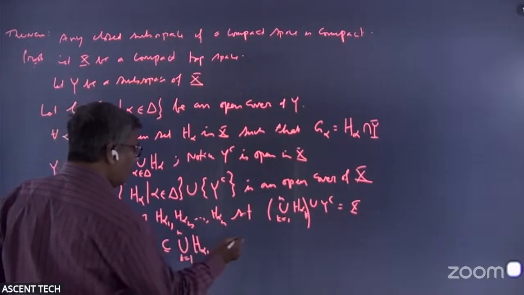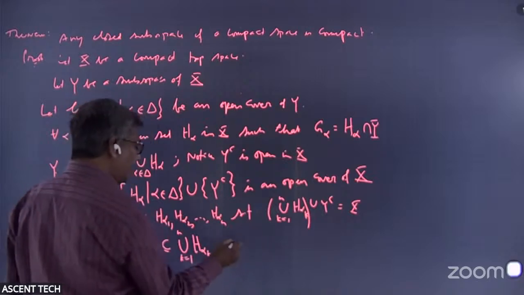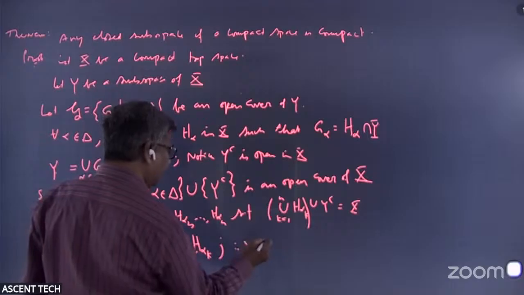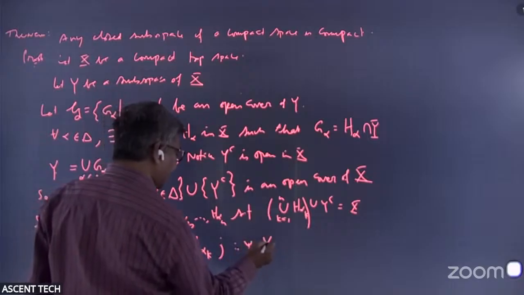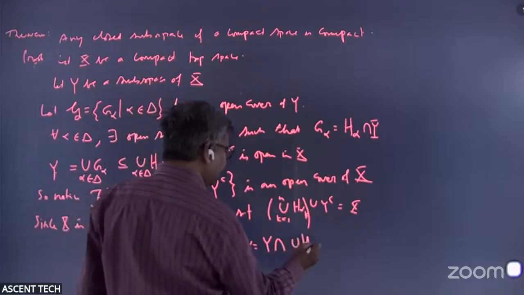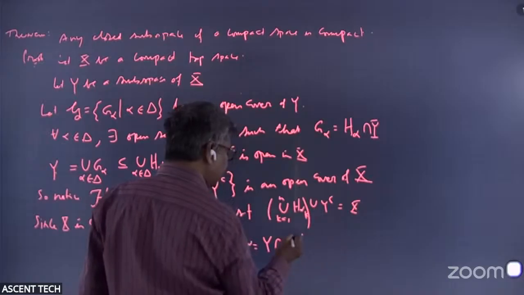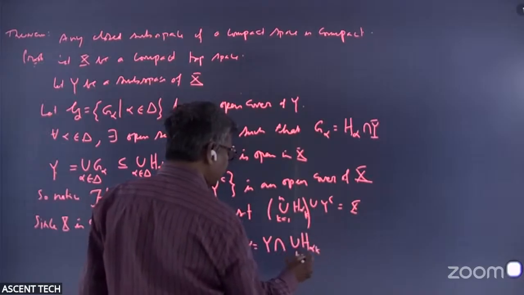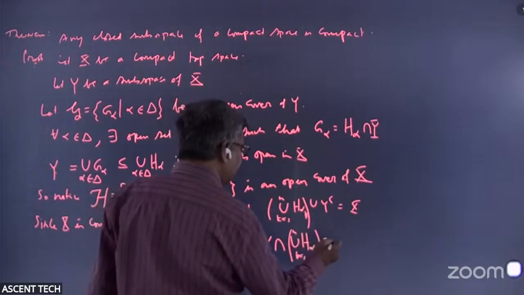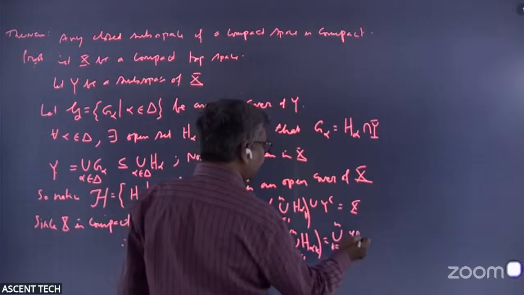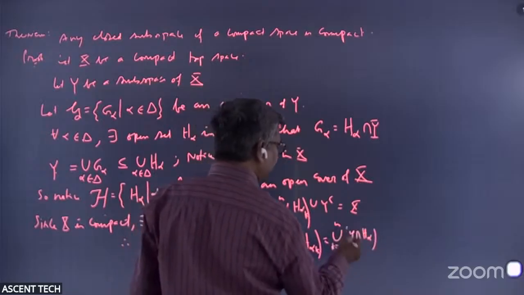Therefore, Y is equal to Y intersection the union of H alpha k, k equal to 1 to n, and that is the union over k equal to 1 to n of Y intersection H alpha k.